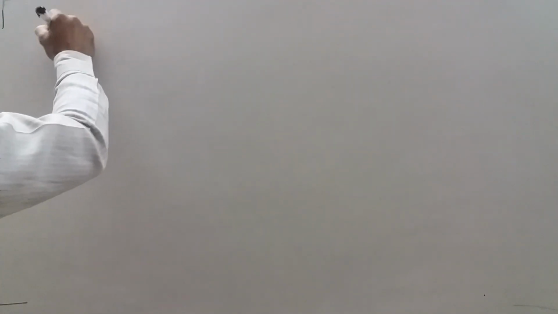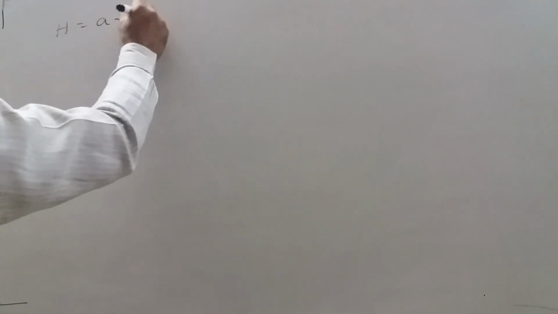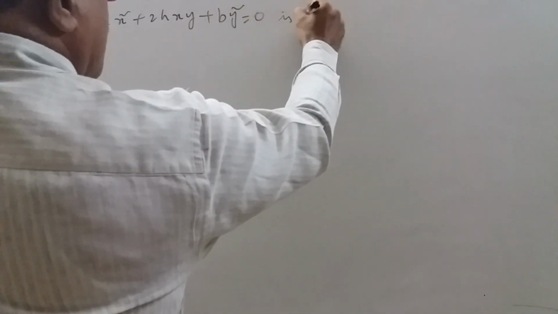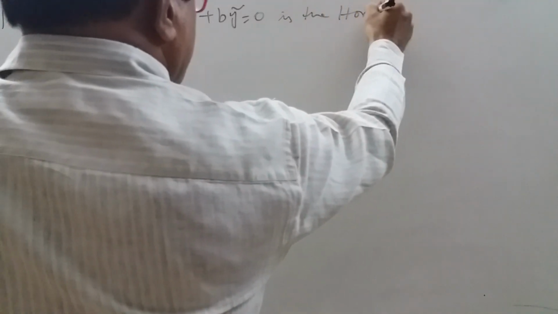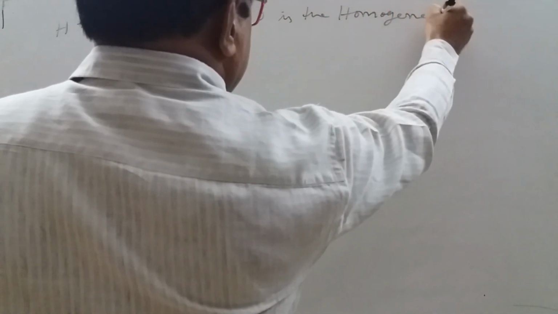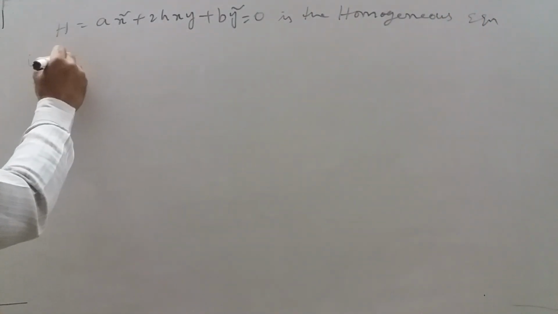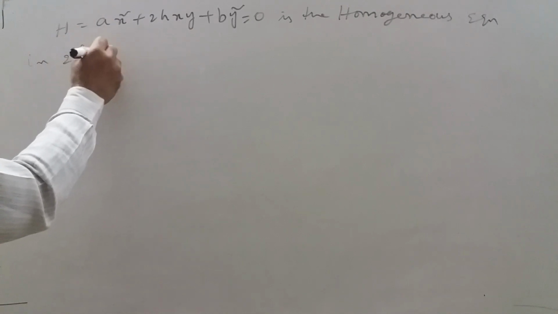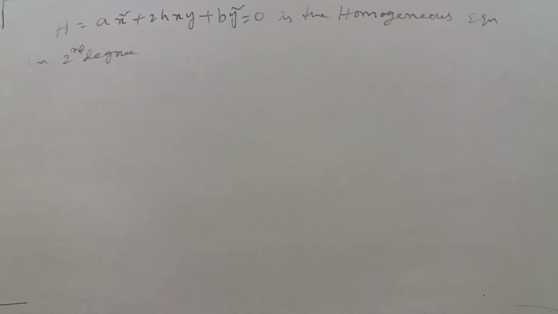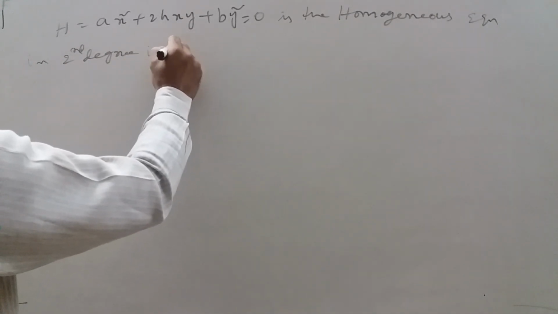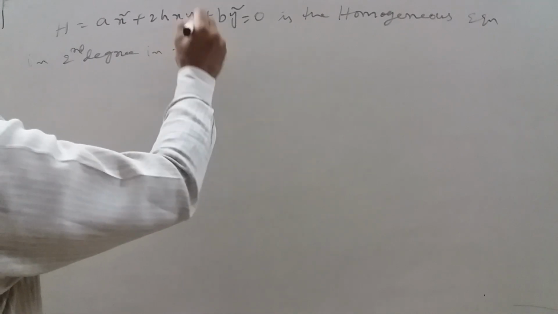Let H is equal to ax square plus 2hxy plus by square is equal to 0 be a homogeneous equation in second degree. Homogeneous equation with second degree in the variables x and y.